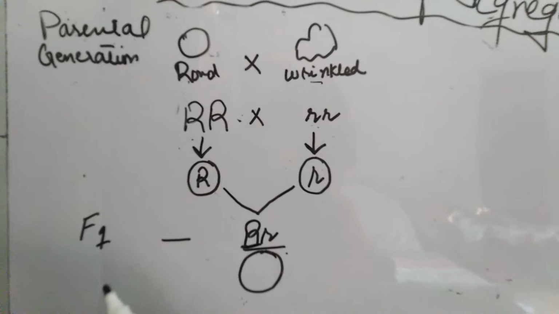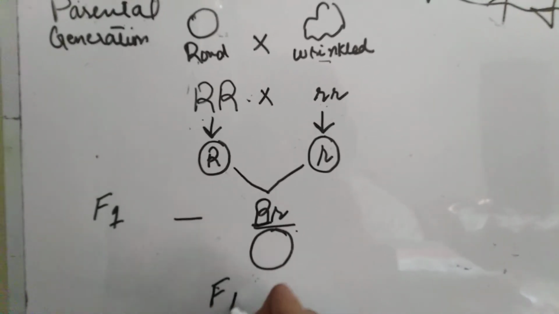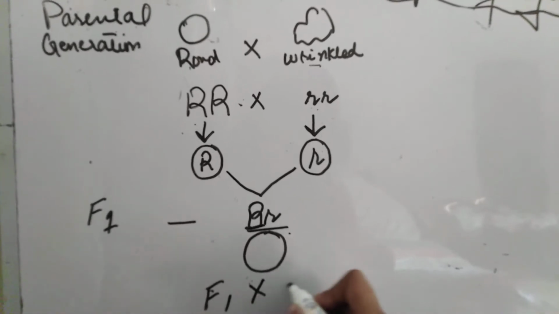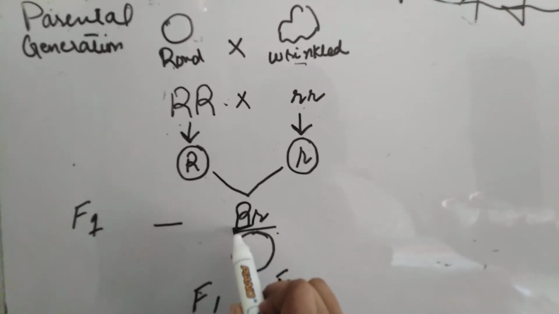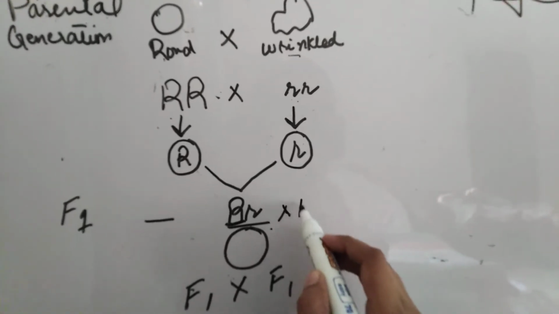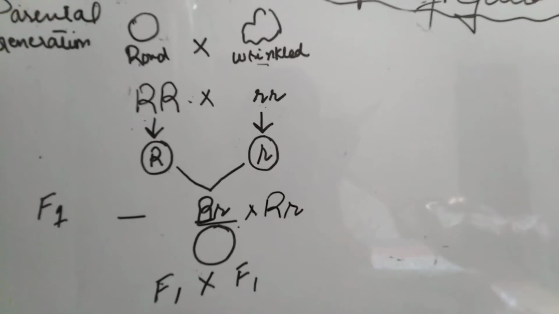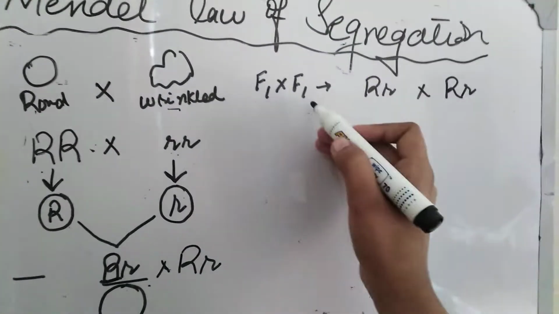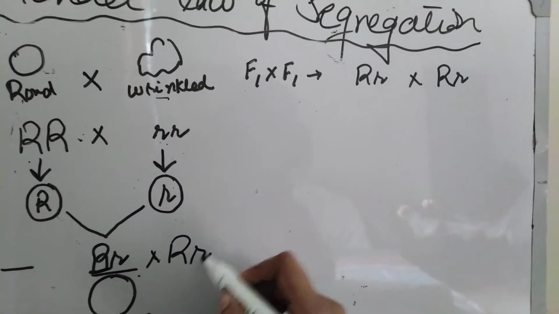The second step of our process is F1 cross F1. Now we are going to cross the offspring F1 and F1. Here you go. F1 cross F1 means capital R small r, capital R small r.